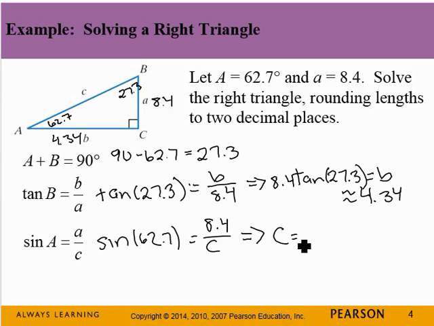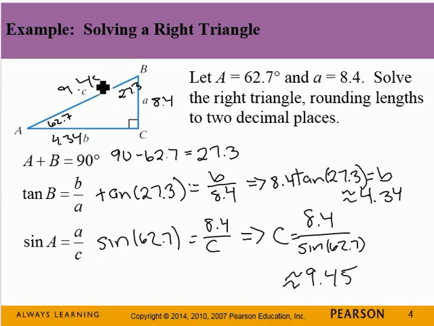So C equals 8.4 divided by sine 62.7. This would be about 9.45. So now you've solved your entire triangle. You have all three angles, because this one's 90, and you have all three sides.